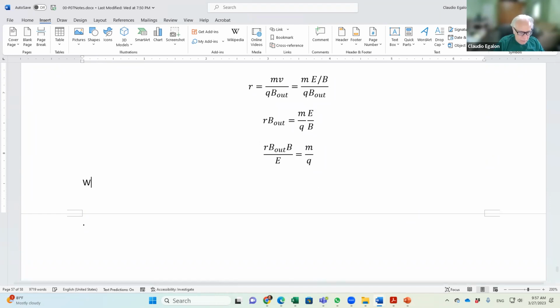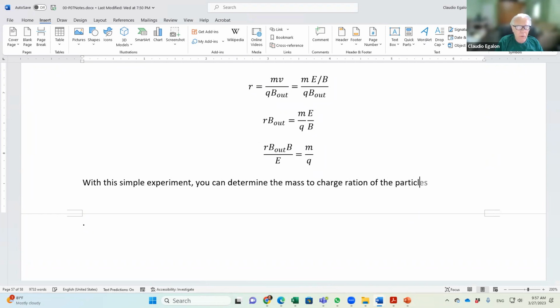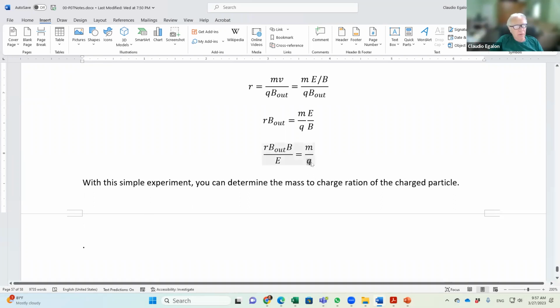With this simple experiment, you can determine the mass to charge ratio of the charged particle. If you have an electron, you find out the mass of the electron because you already know the charge of the electron.